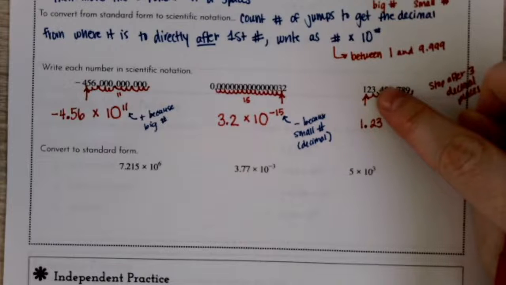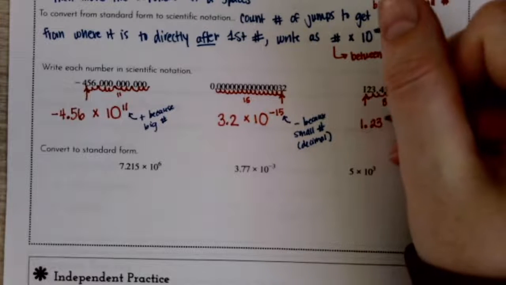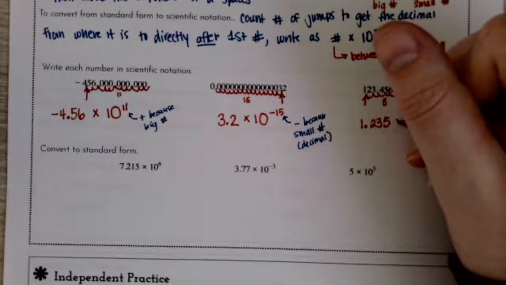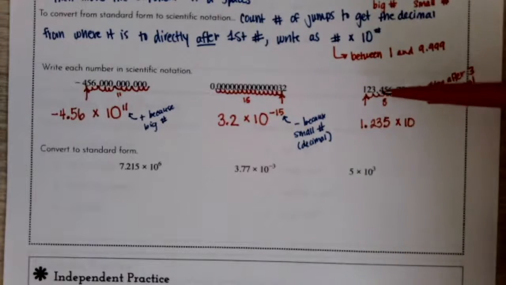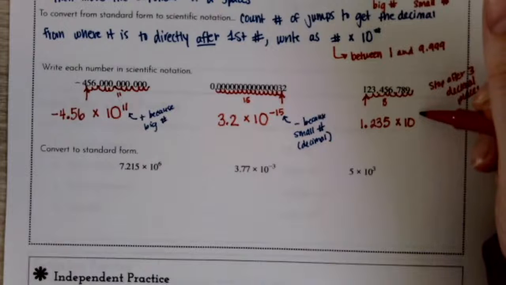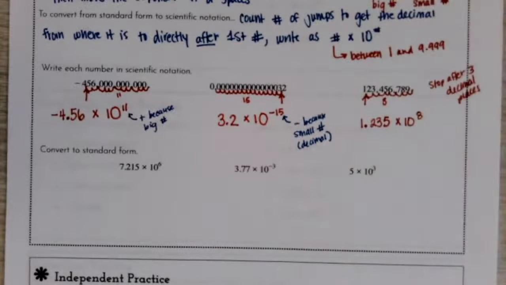So for this case, I was going to write a 4, but if I look at the very next number, that's 5 or bigger. And 5 or bigger, we need to round up. So 1.235 times 10. And this is a very large number, so my exponent should be positive 8.